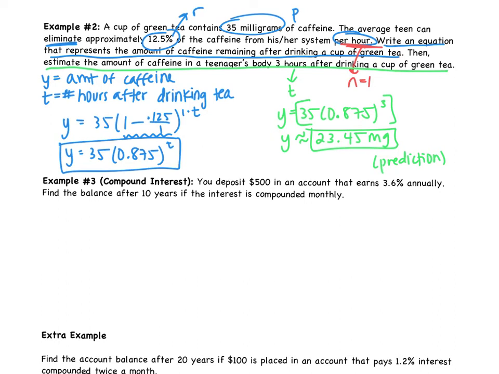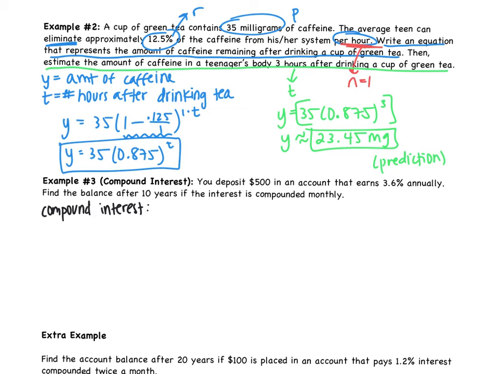Okay, before we even try this problem, it's important to me that we understand what compound interest is. So you might have a bank account and that bank account is earning interest. It's either going to be earning compound interest or simple interest. So interest is the money that the bank is paying you to say thank you for keeping your money in the bank.